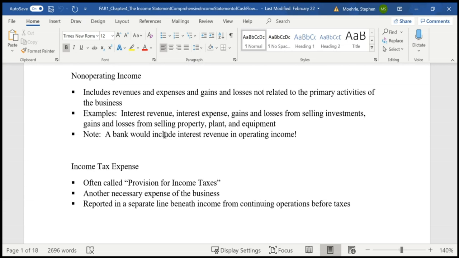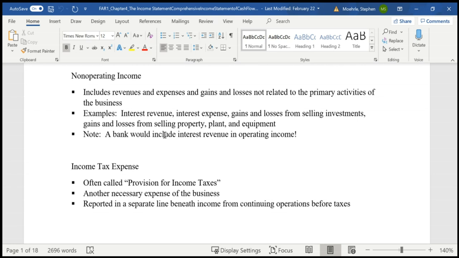income category. And then there's the income tax expense category. This is often called the provision for income taxes. It's another necessary expense of the business. It's the expenses paid on the profits, so we pay to the IRS a percentage of our corporate profits, and we also pay to state and local taxing agencies a percentage of the company's profits.